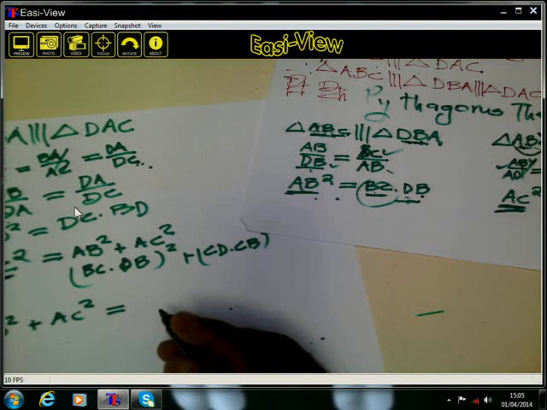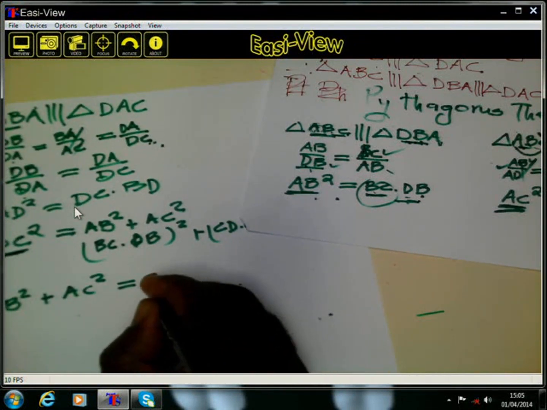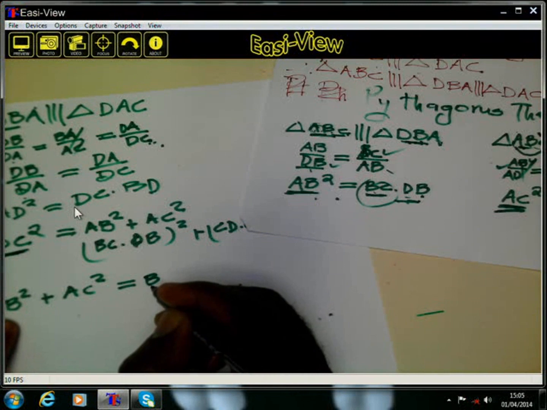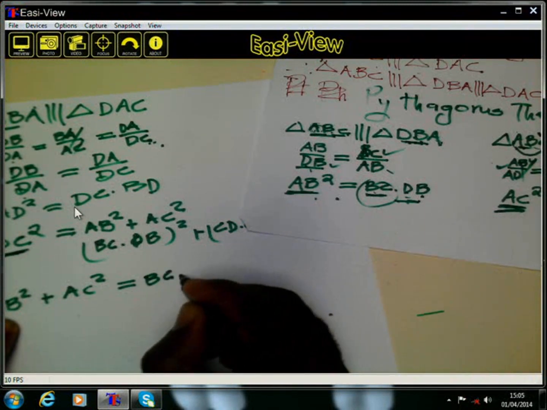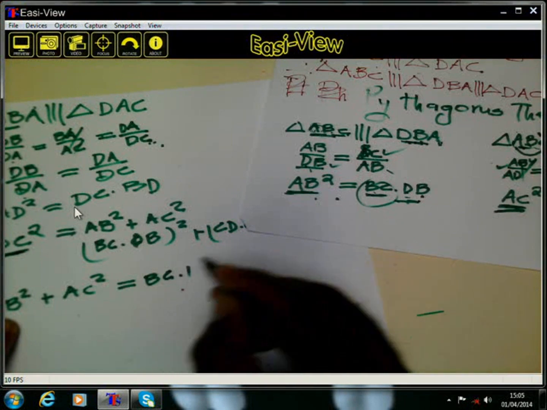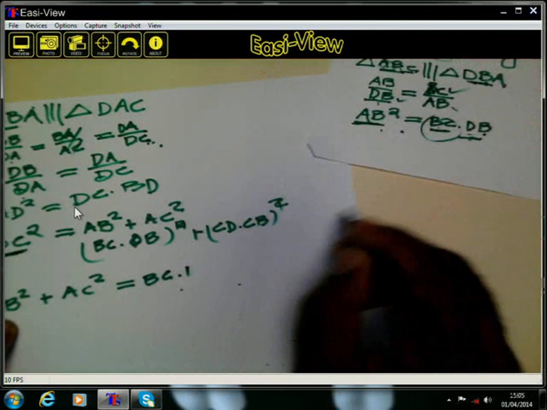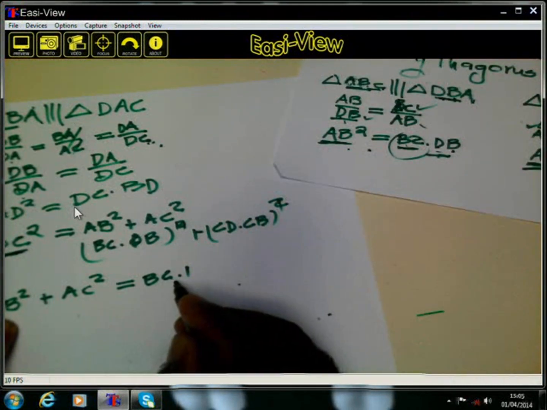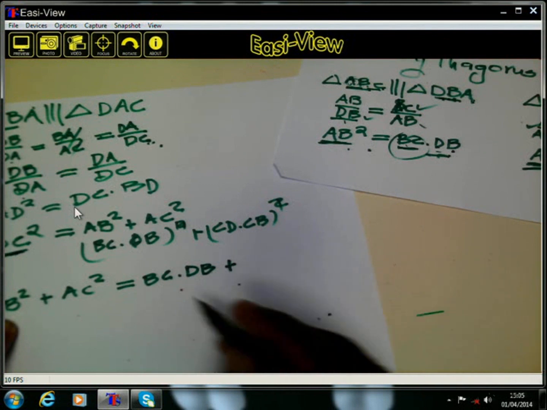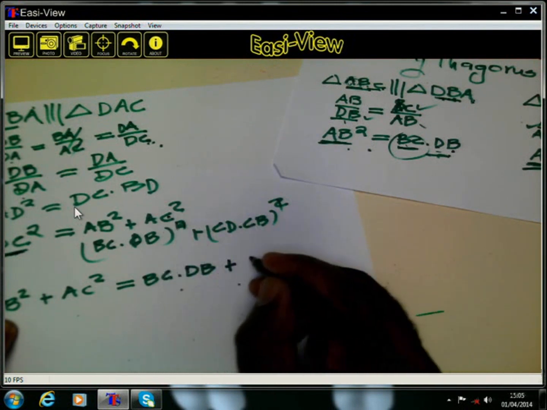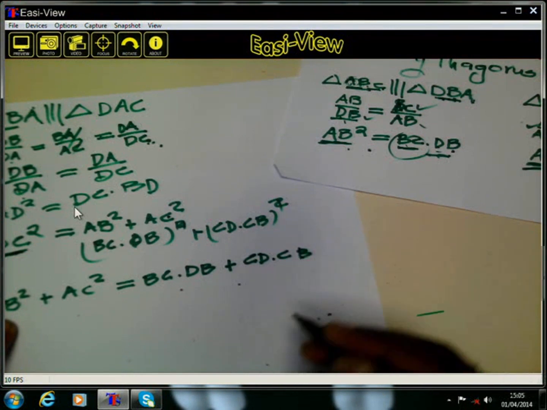Now, maybe I can relate. Remember AB squared. My AB squared was BC multiplied by, I think I was wrong. I was not supposed to do this. Sorry. BC multiplied by DB plus AC squared is CD multiplied by CB.